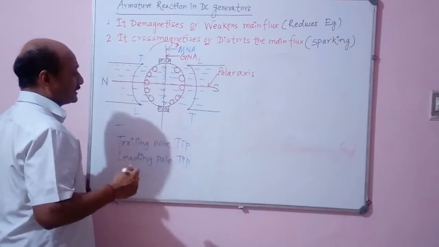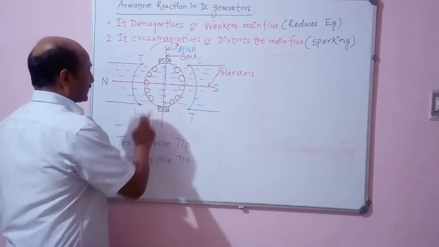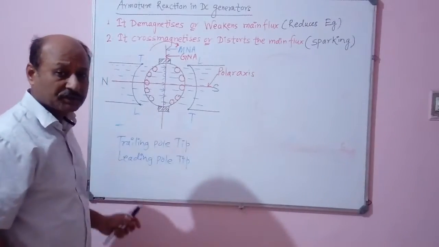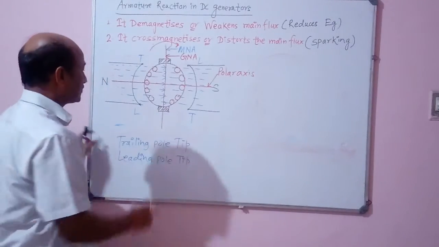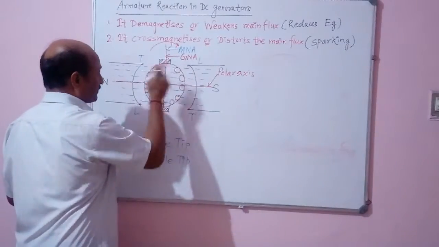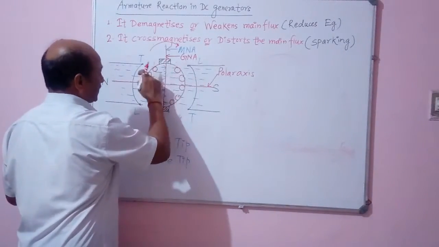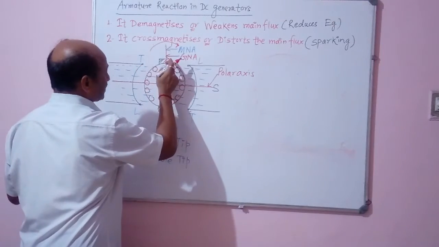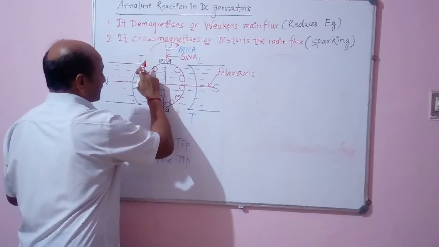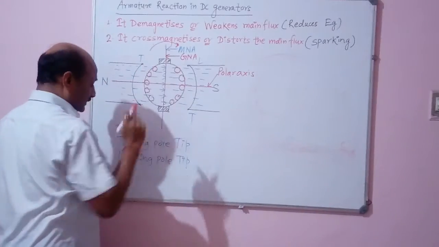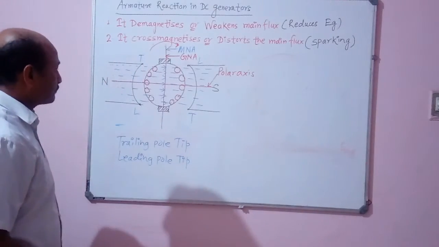Then the next one is the trailing pole tip. The pole tip from which the armature leaves first in the direction of rotation. The direction of rotation is clockwise. So from this pole tip, if the armature starts rotating, what happens? It leaves the pole. That's why these two are the trailing pole tips.